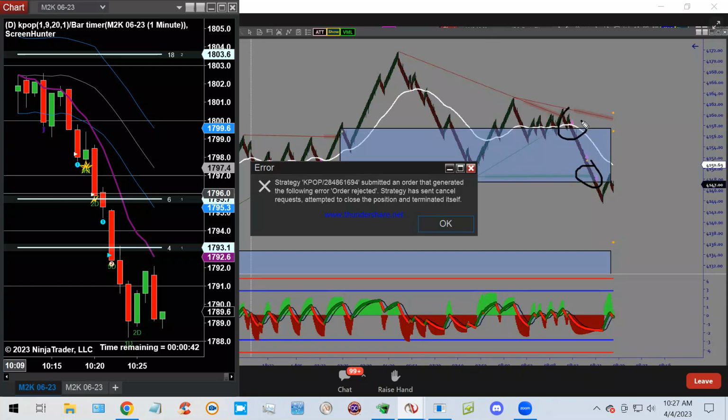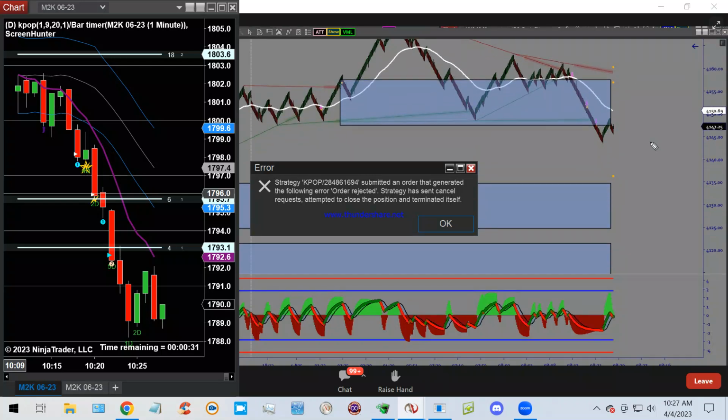This was a shitty trade. You say, yeah, but it worked. It was still a shitty trade. Now, if I come down here and get to this key area of interest and I get a downtrend like this and I break out of that, that's a good freaking trade.